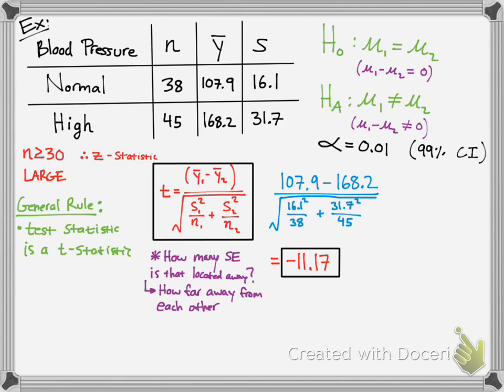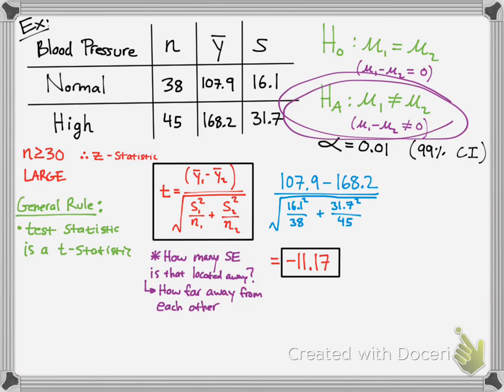Since we assumed there is no difference, the null hypothesis says that normal blood pressure and high blood pressure have the same value. Since we're rejecting that, the populations with normal blood pressure and higher blood pressure do have different means that are not equal.